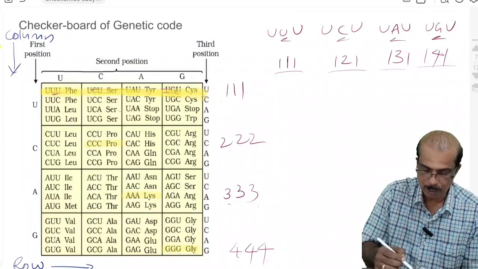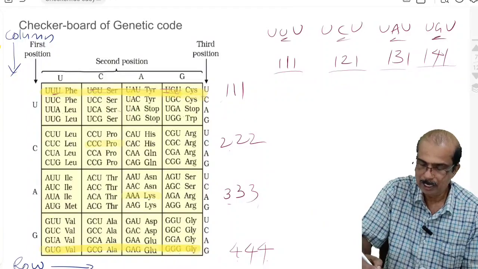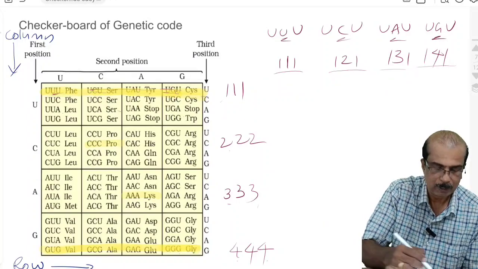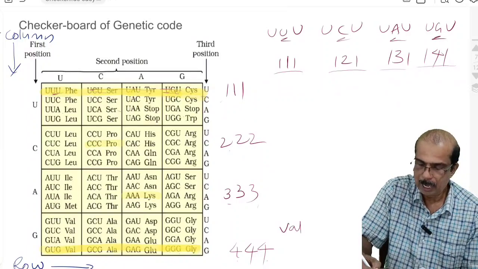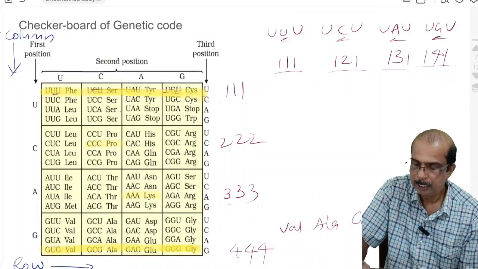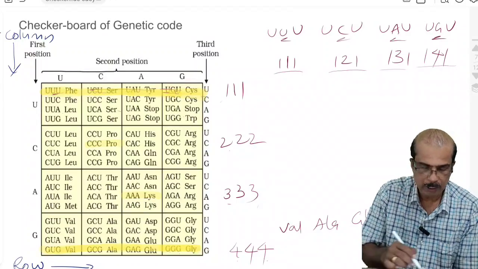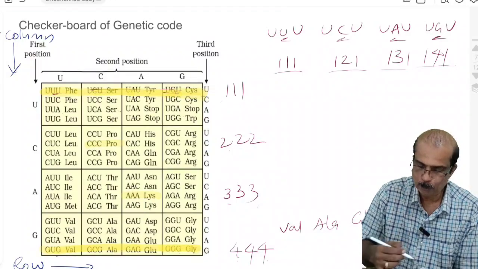What about the last row? In the last row there is valine, alanine, glutamic acid and glycine. All are in the fourth row.